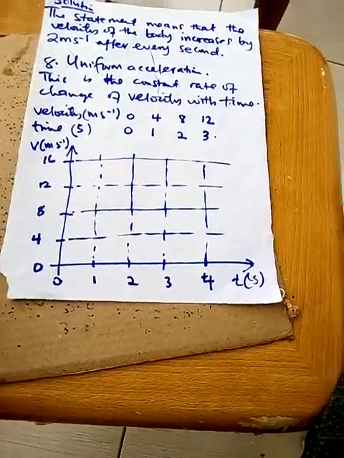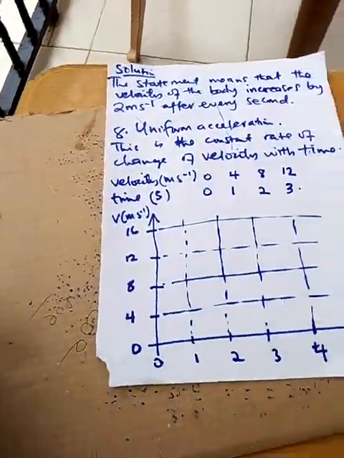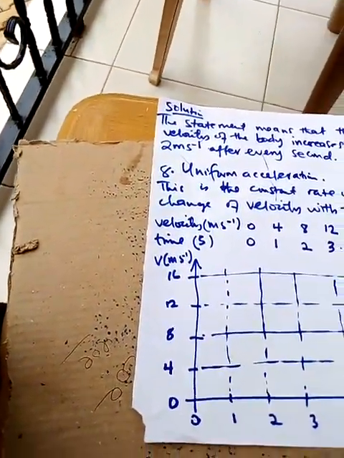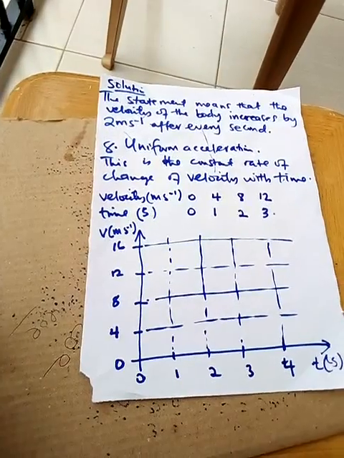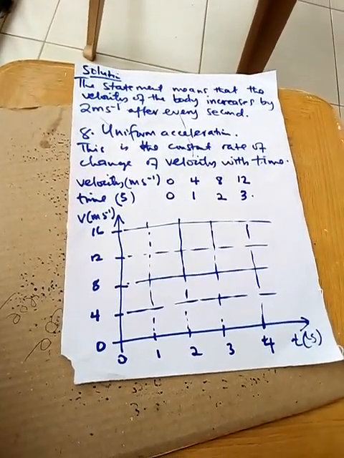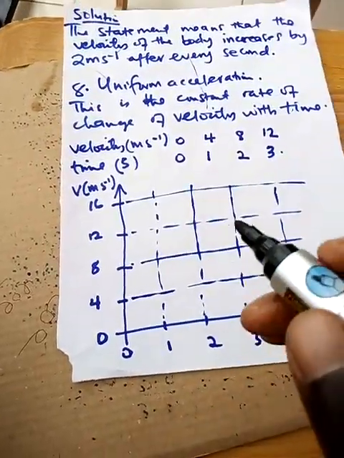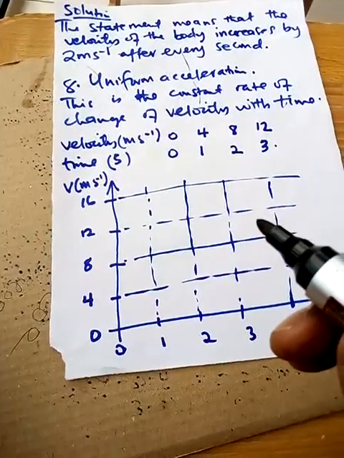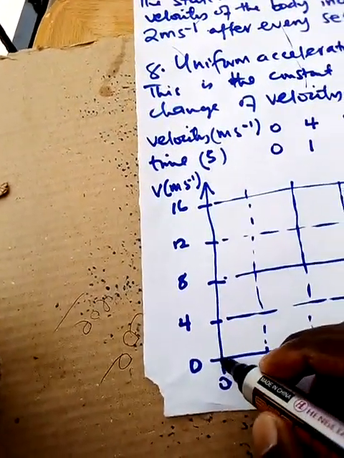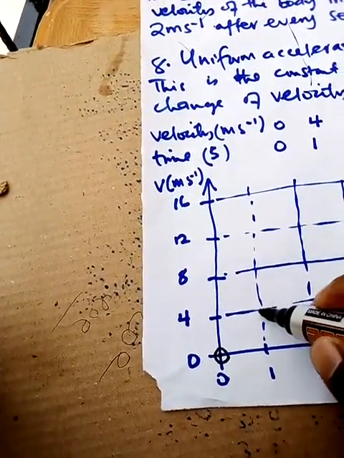So I'm going to plot my graph, and we see if the accelerations are also the same, just like before. We can have 0, 0. It's here. We can have 1, 4.